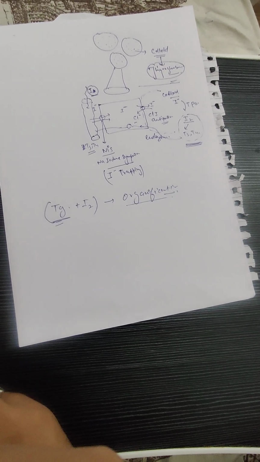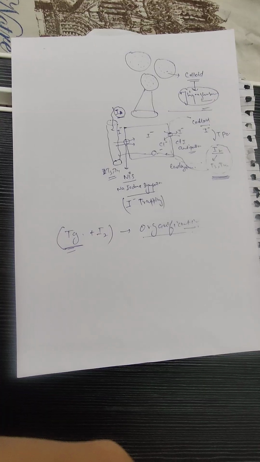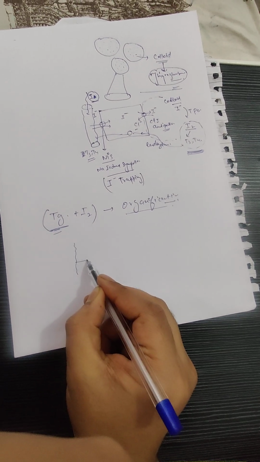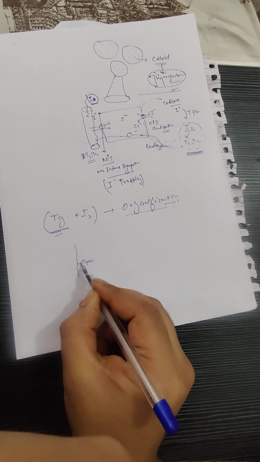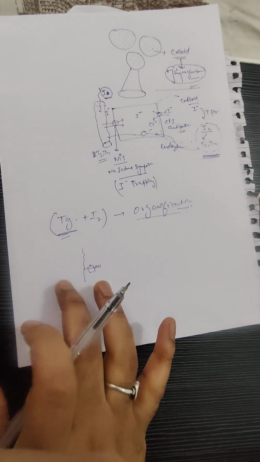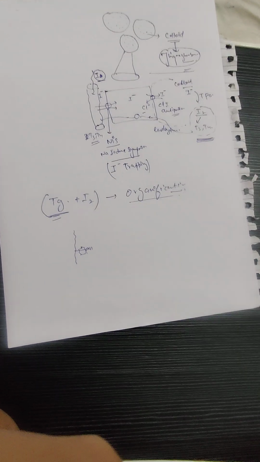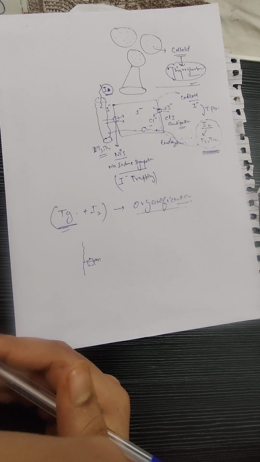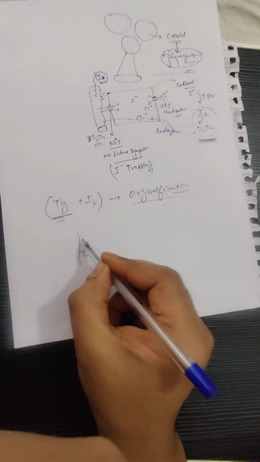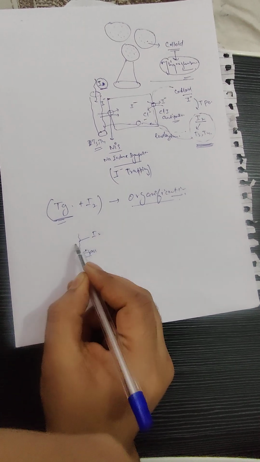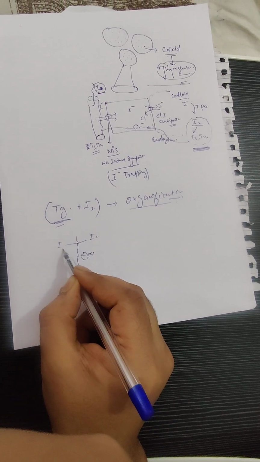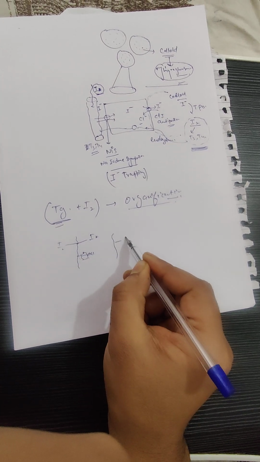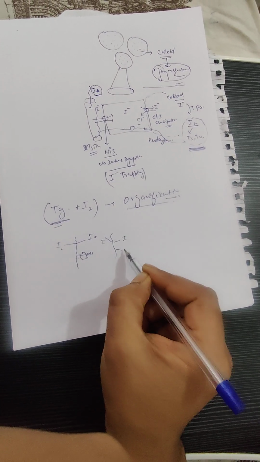Now, let's say it is the chain of the thyroglobulin. The structure is not important, but it is important that it contains the tyrosine. Maybe 2 molecules of iodine will get attached, or maybe 3 iodine will get attached.